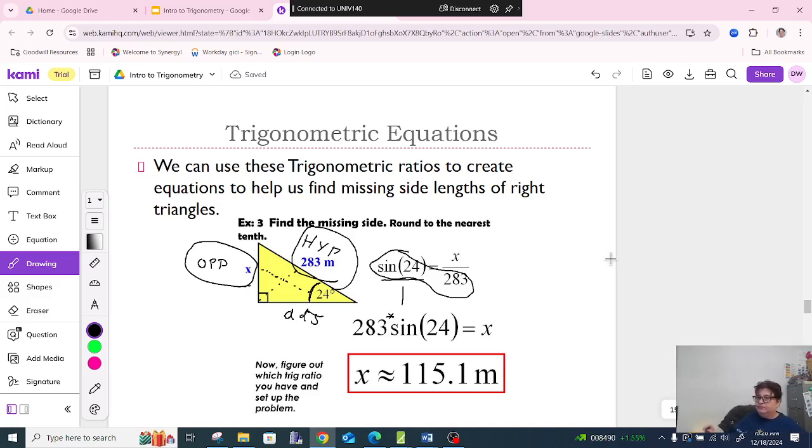No, put sine 24. Now press enter. Did you get that? Yep. You're going to need a calculator here.